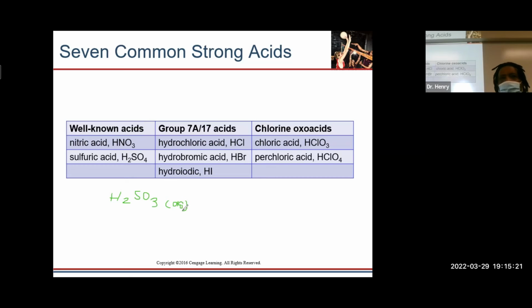It makes it a little bit weaker. So sulfurous acids or OUS acids are going to be weaker. We already know that carbon acids are also going to be weaker.